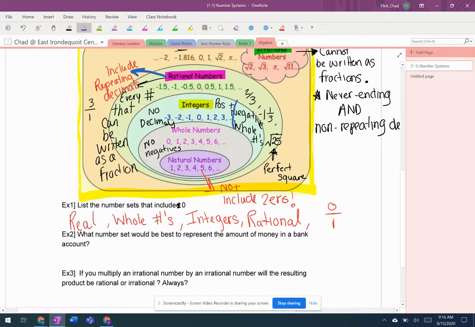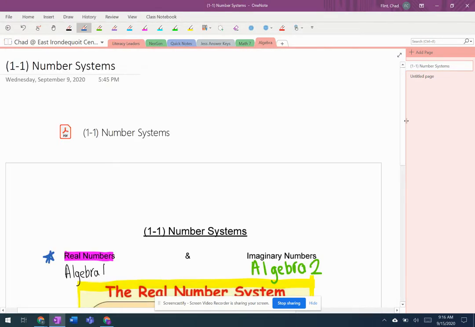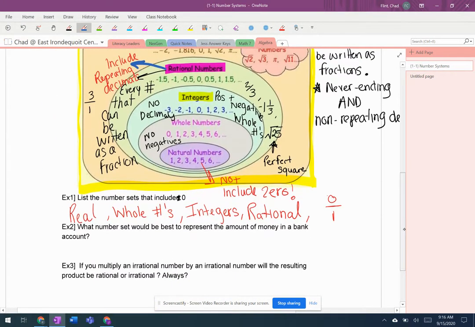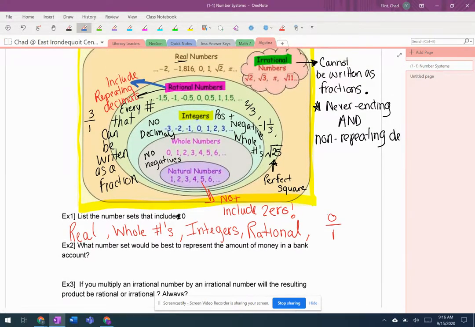Can it be rational or irrational? Well, can you have a never-ending, non-repeating decimal as your bank account? Do you have $999 point 1, 2, 3, 4, 5, 6, 7, 8, 9, 10, 11, 12, 13, 14, 15, 16 decimal places?